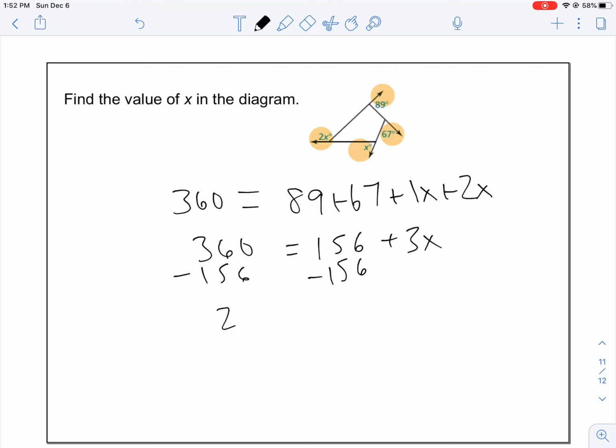Subtract. And we're going to get 204. Divide by 3. And you're going to get that x is 68.